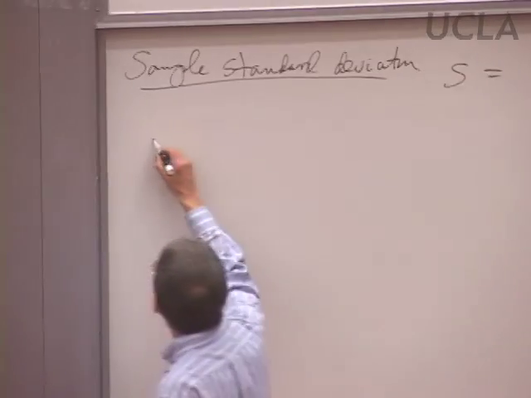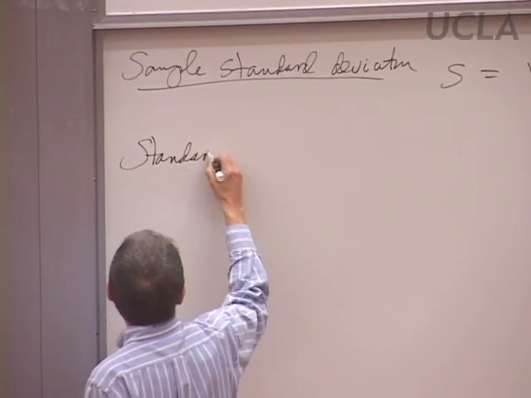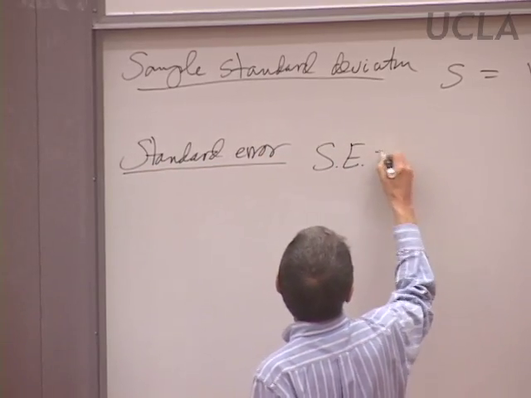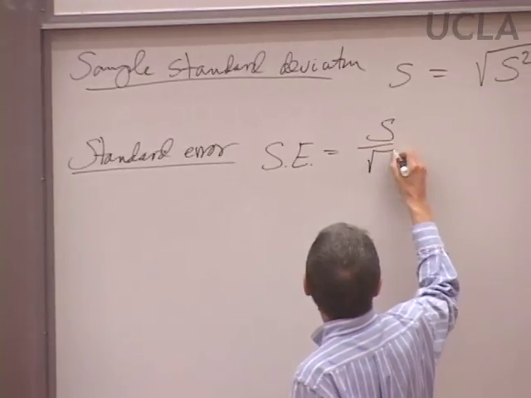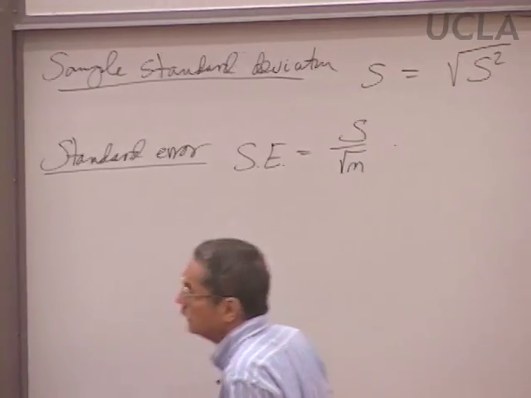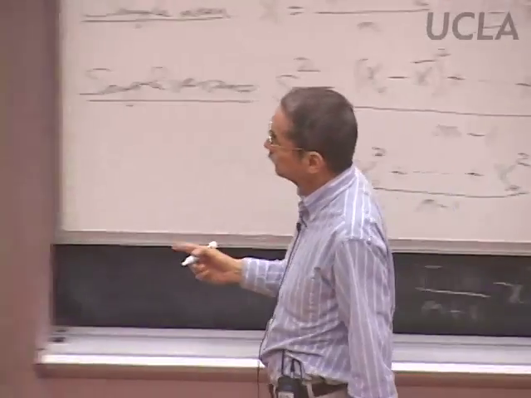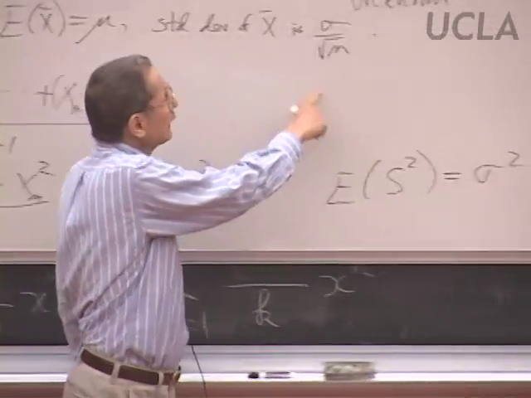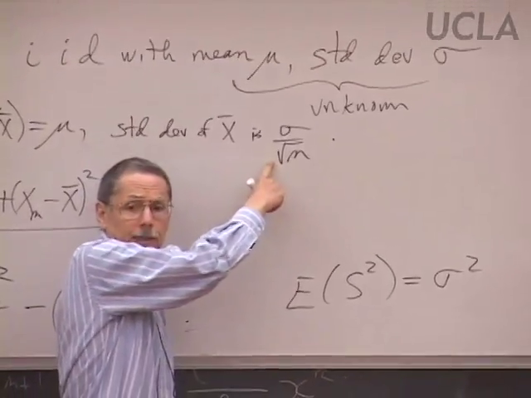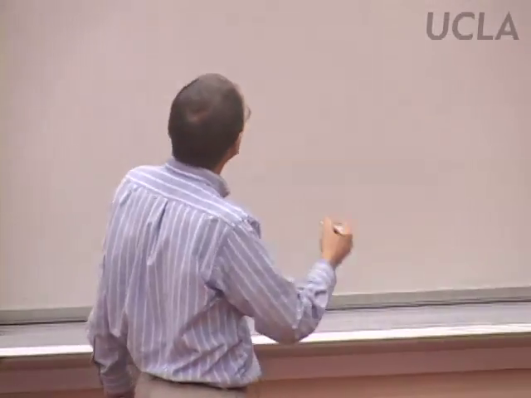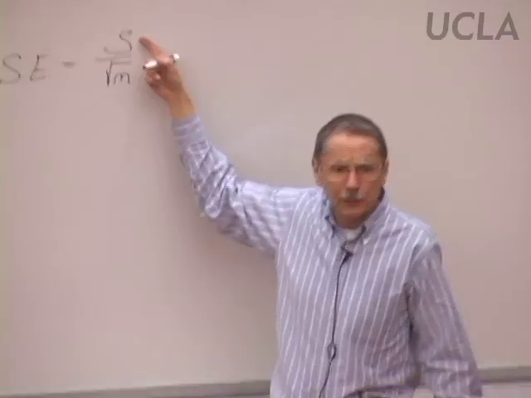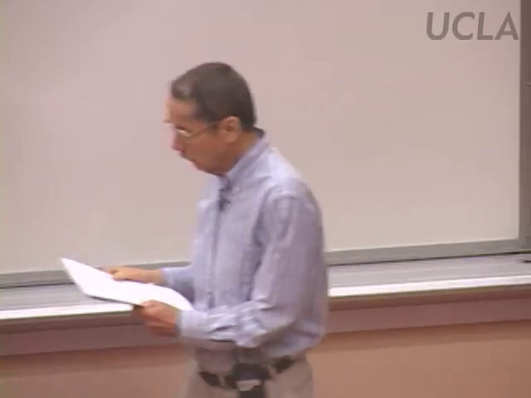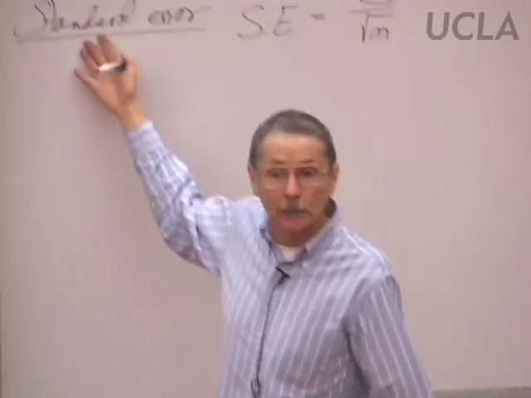And then we talked about the standard error, s over the square root of n. Now, the sample mean has standard deviation sigma over the square root of n. And so we figure this ought to be close to that. Well, that's where we were last time.